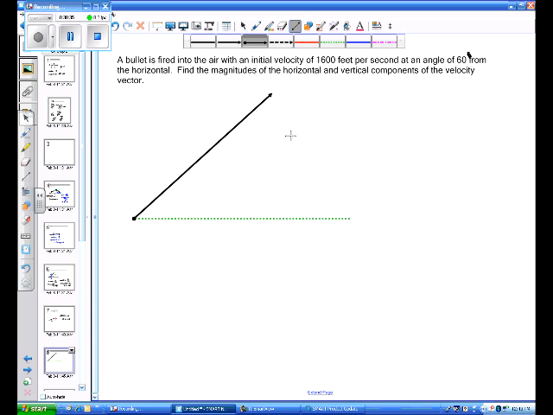So we want the magnitudes of the horizontal and vertical components, and we're going to assume after 1 second. And basically what we're finding then is how fast they're changing. How fast are we changing horizontally compared to how fast vertically?